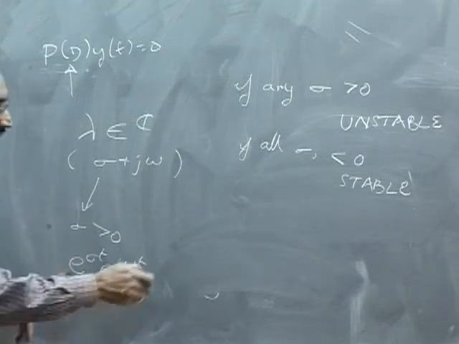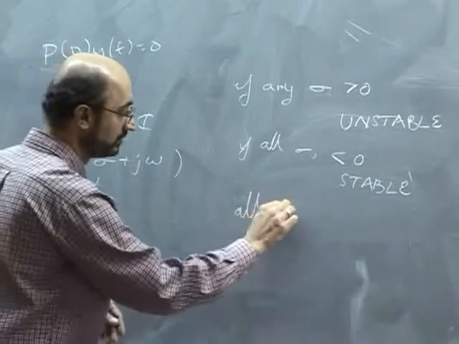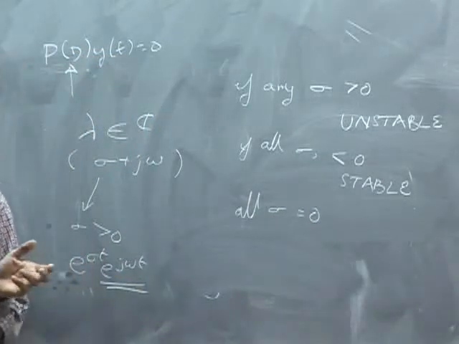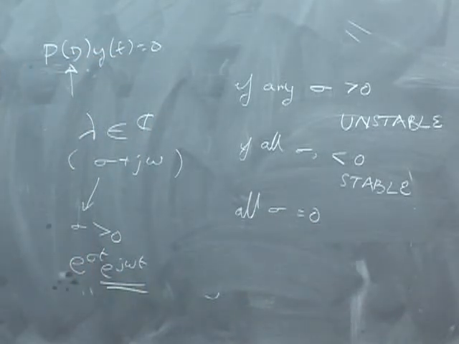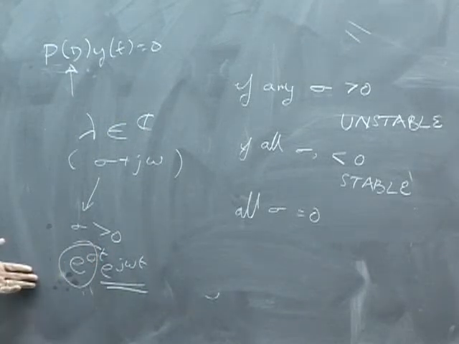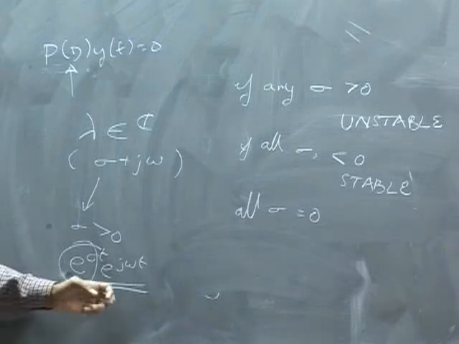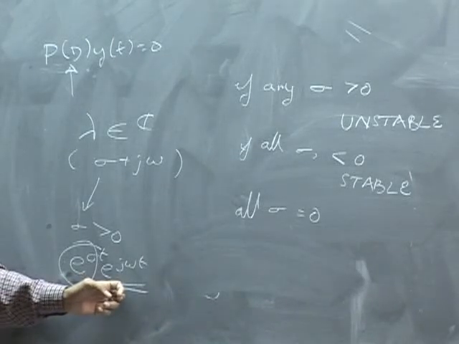Now, if all the sigmas are 0, then we have everything neither positive nor negative, so this term essentially is 1. Then everything depends on this e to the j omega t.